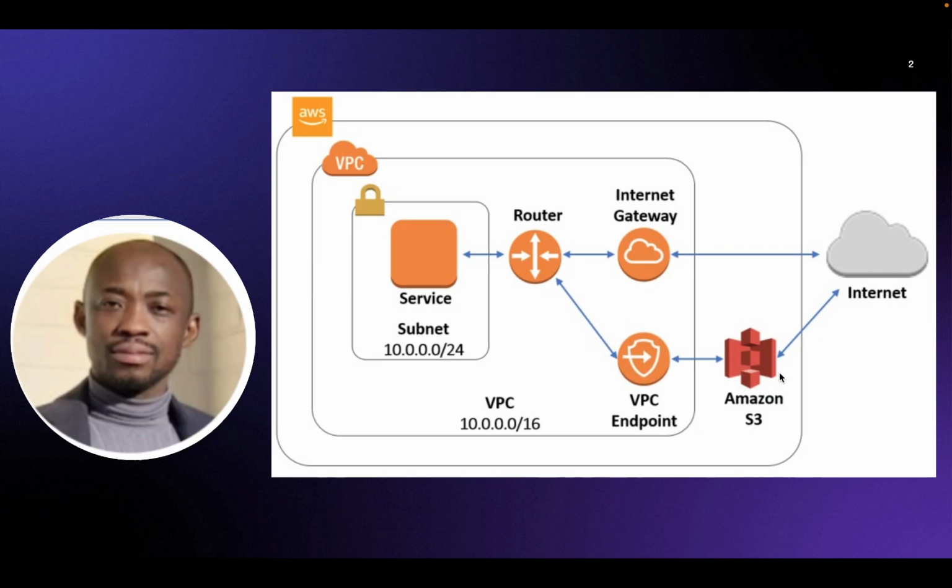The connection will flow back again to the internet gateway, to your EC2 instance, which is in a private subnet. This is the route: your EC2 instance to your NAT gateway, to the internet gateway, to the internet, and then access S3. The reverse connection will traverse back to your EC2.